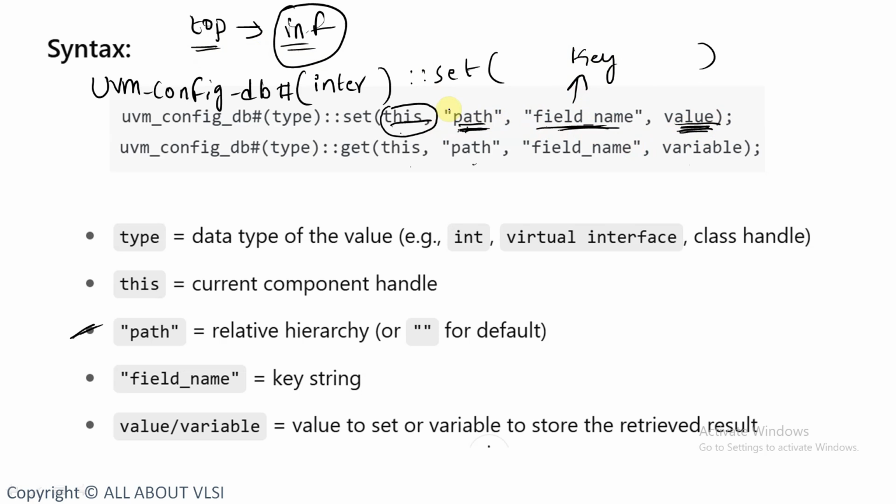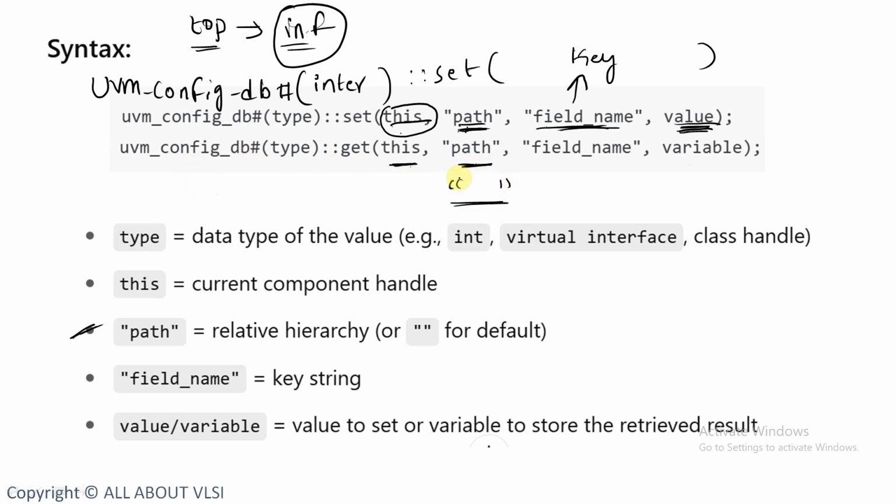Now, what is get? The get method is going to get the data. This is nothing but your component, that is, which component is accessing the database. And path is an empty string; generally we will use an empty string, meaning only this component is going to get the data.